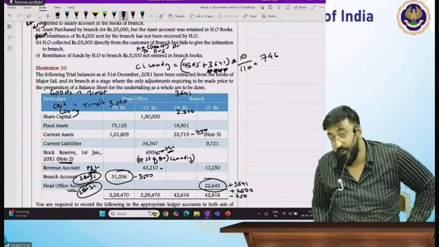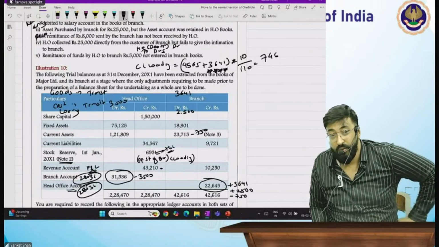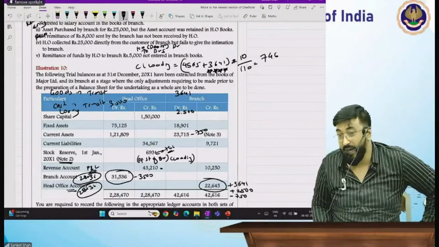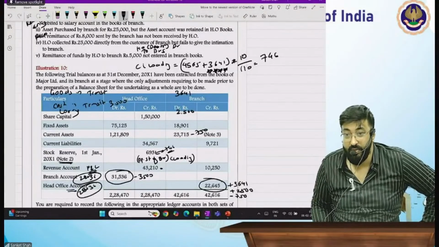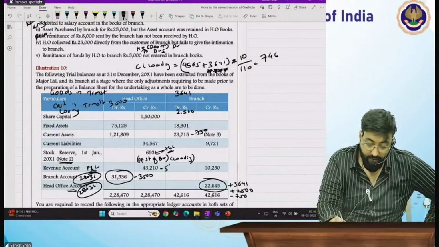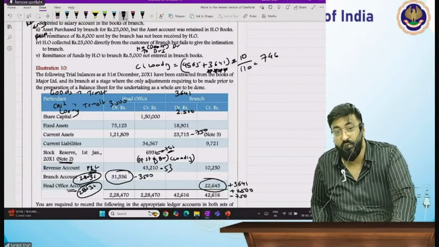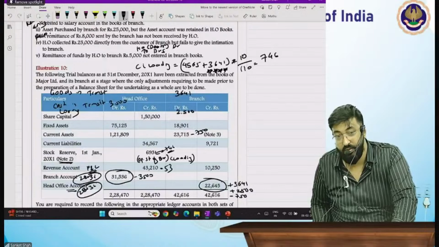So 53 is the HO P&L debit, like adjustment number 11. Correct? Yes, sir. 53. So net profit we are going to, and stock reserve account will record 746.